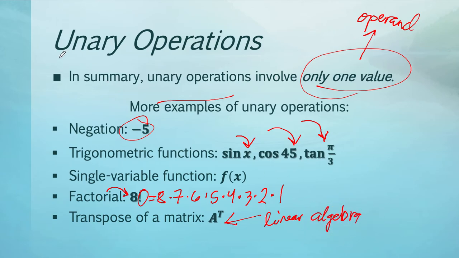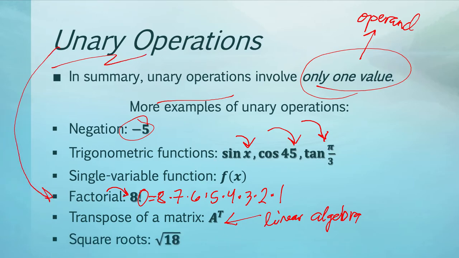Note that this is still a unary operation. And of course, we have square roots. The radical is a unary operator, and we have only one operand, which is the radicand. So those are unary operations.